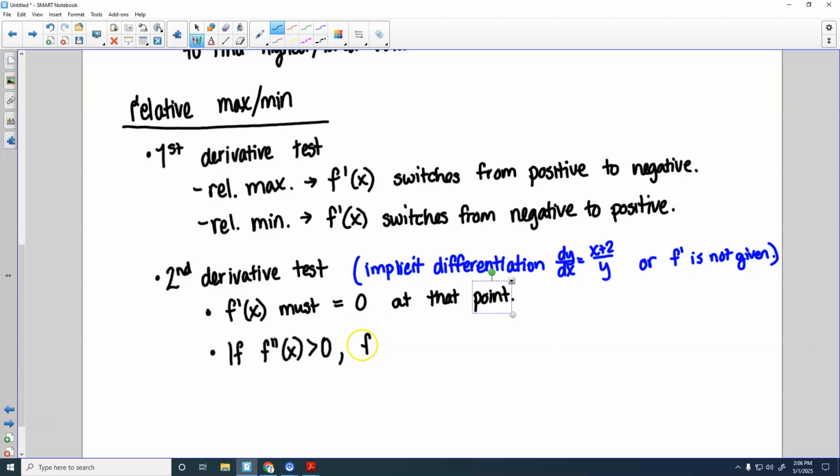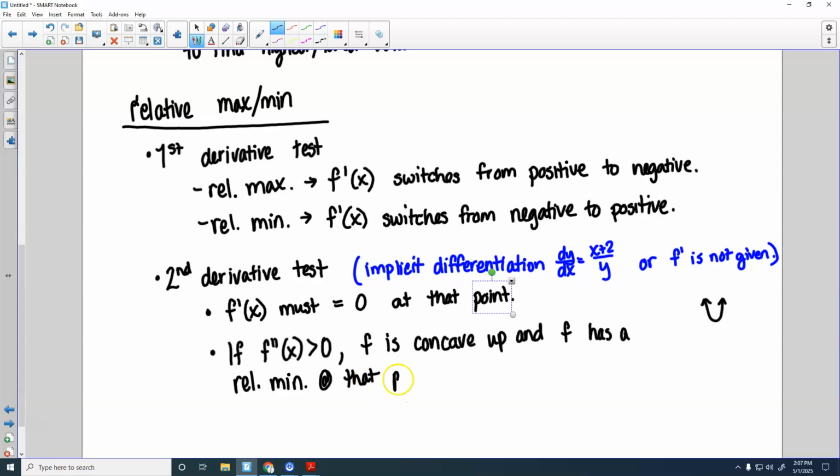Okay, then f is concave up, and f has a relative minimum at that point.